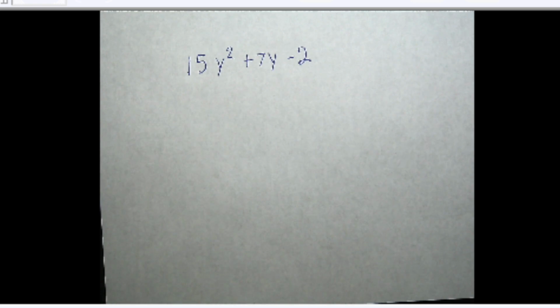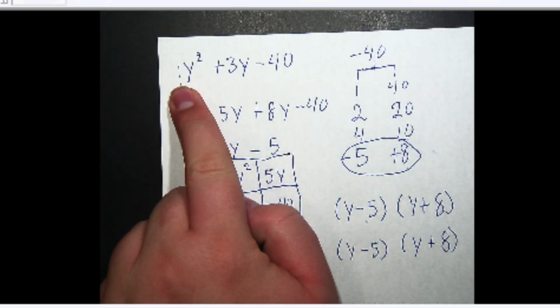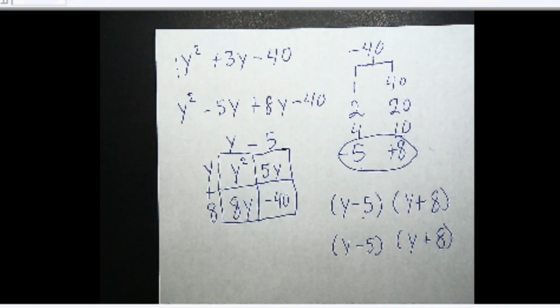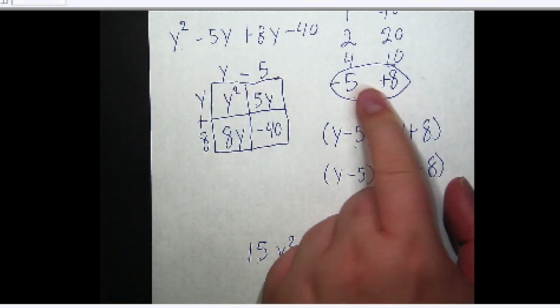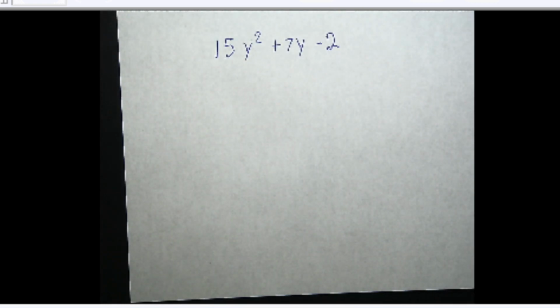So we cannot use our shortcut method. Wait, what? Excuse me? You said we can't use the shortcut method? Yeah. So remember, with this previous one, we had a leading coefficient of 1, positive 1. So the shortcut there is, okay, we get to AC, now we just put these two numbers into our answer. This one, we can't do that because our leading coefficient is not positive 1. We've got to go all the way through all that factoring stuff. So we've got to do AC and we've got to do box method.